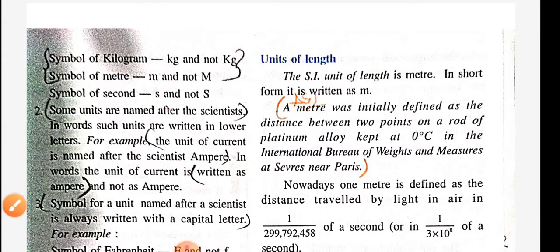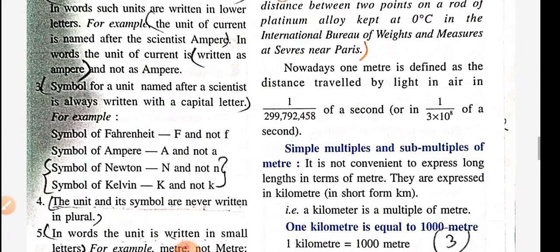And what is the definition? A meter was initially defined as the distance between 2 points on a rod of platinum alloy kept at 0 degrees centigrade in the International Bureau of Weights and Measures at Sèvres near Paris. This is the definition of the meter.